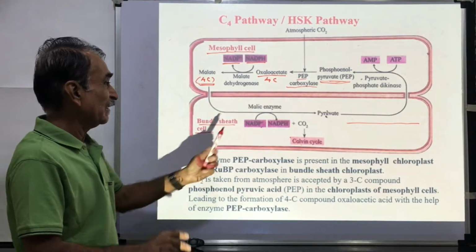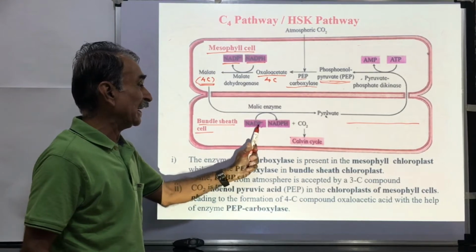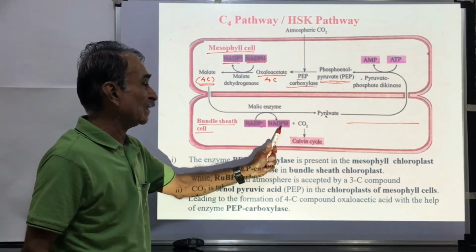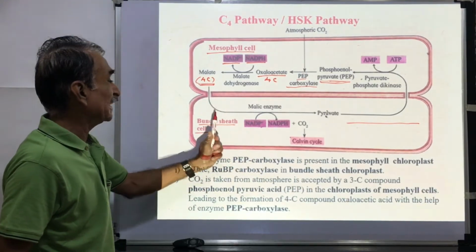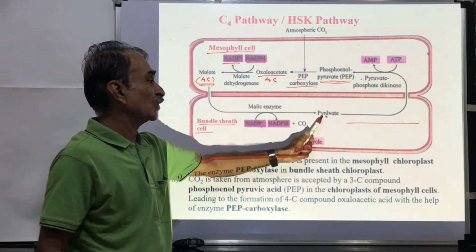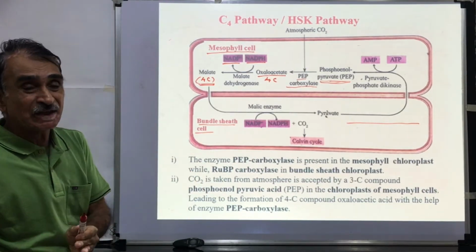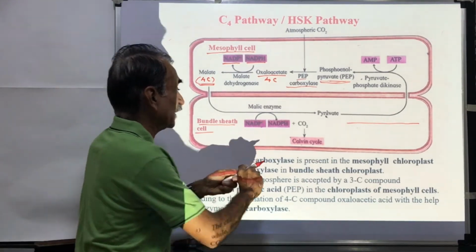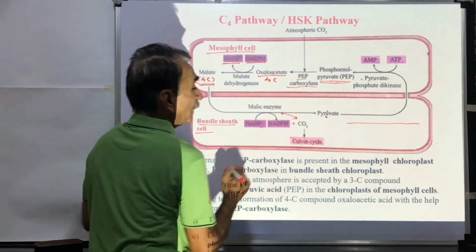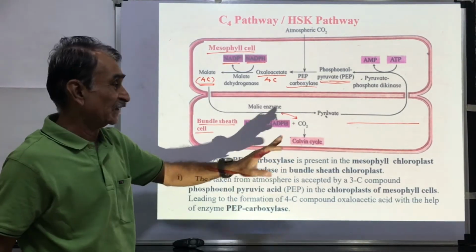Here, one molecule of NADP is converted into one molecule of NADPH, meaning hydrogens are removed from malate and it is converted into pyruvate. We can say that malate is oxidized to pyruvate. It is also decarboxylated, meaning CO2 is removed. It is a decarboxylation reaction.